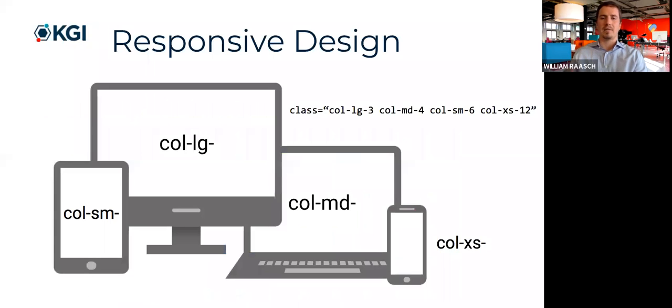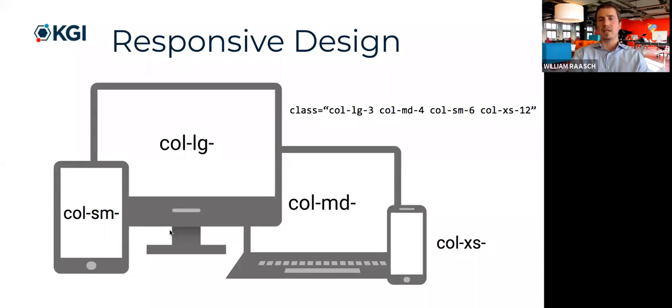There's also the concept of responsive design. This is where these Bootstrap columns can really come in handy the most. You'll notice that in a lot of websites, when you're looking on your big screen or your desktop computer, there might be several columns of text on that one given page. Let's say like your favorite news site. But then when you put that onto your phone, there's just that one column.